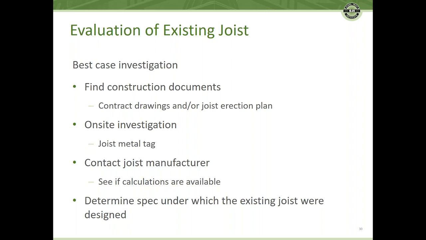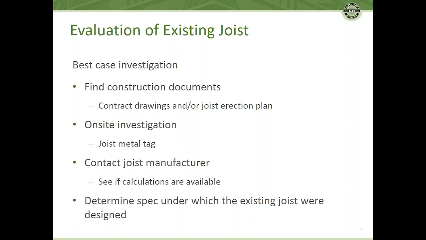We'll talk about that a little bit more, but every joist arrives at a job site with a tag. Also, if you can contact the joist manufacturer, quite often they have calculations of the existing joist that they can provide you, so that's pretty beneficial.